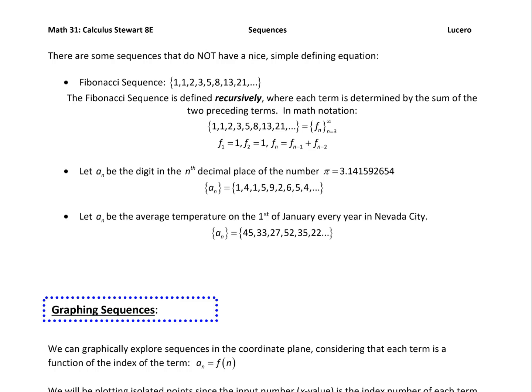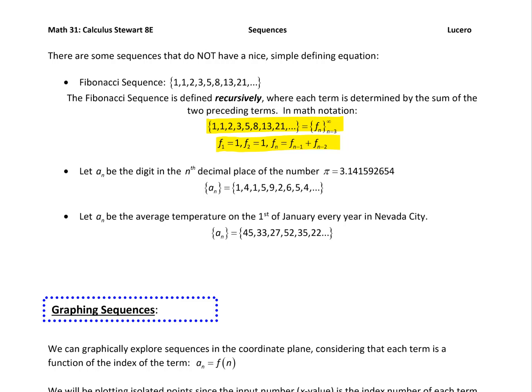So in math notation, what we do is we write that as this sequence where we say for f sub n, for n equal 3 to infinity, and then we have to define how f sub n is defined. And since it starts at the index equals 3, we define f1 and f2.